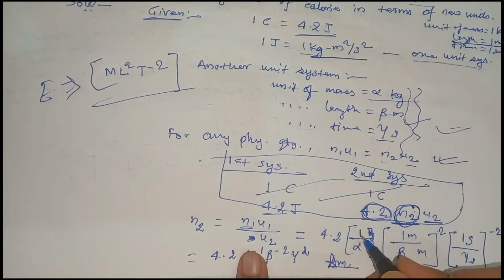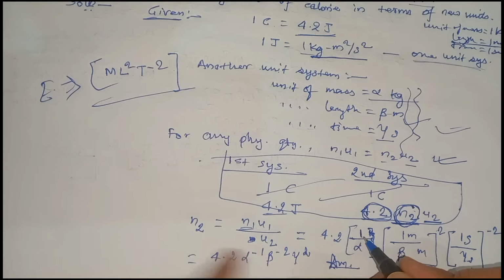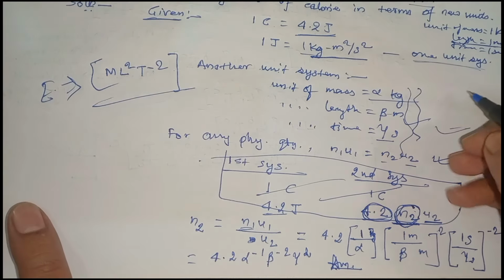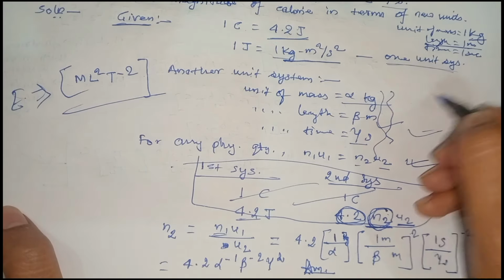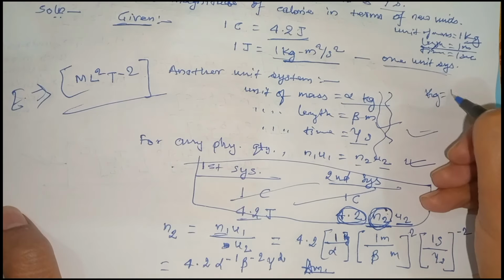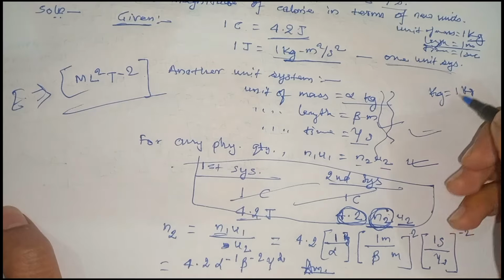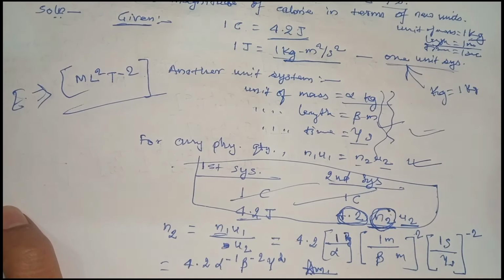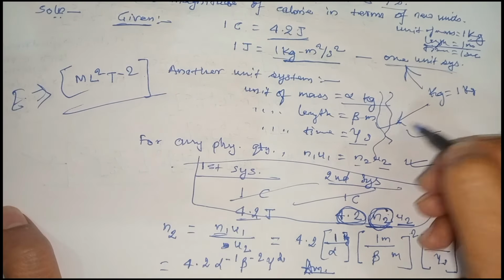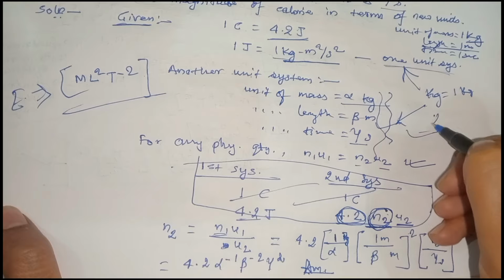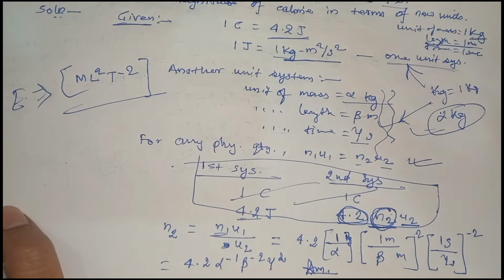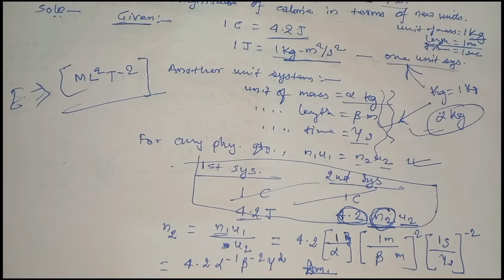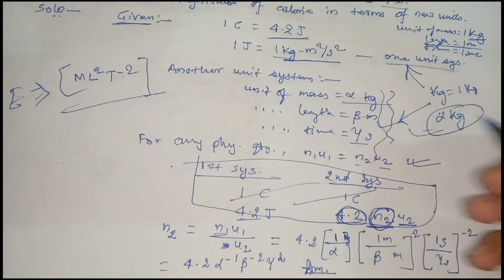Here the unit was 1 kg. Actually the unit is kg. Kg equals 1 kg in this system, and in this system kg refers to alpha kg. The unit means the smallest part, which is very preferable for measurement in that system.